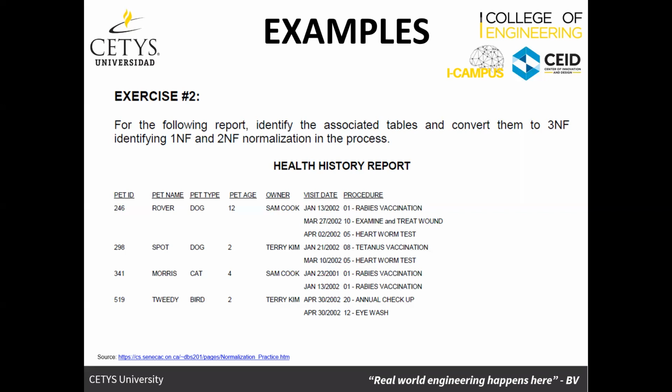This is what I want, and they're giving us this. And from this, we have to obtain the tables, and for the tables to be congruent. So this is not a pet store. This is a veterinarian clinic or something like that.